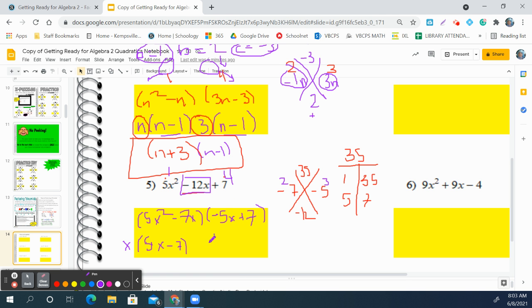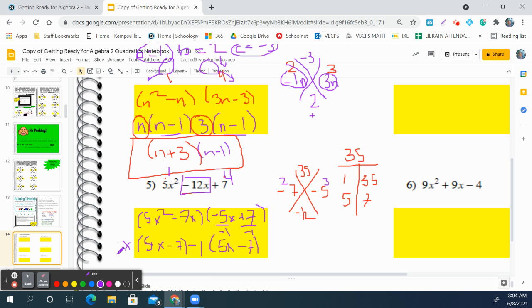I want my parentheses to end up being 5x minus 7. So how can I turn -5x plus 7 into 5x minus 7? What do I have to take out of that? What do I have to divide by in order to change the signs? How about -1? So if I divide by -1 and I divide by -1, the signs change.